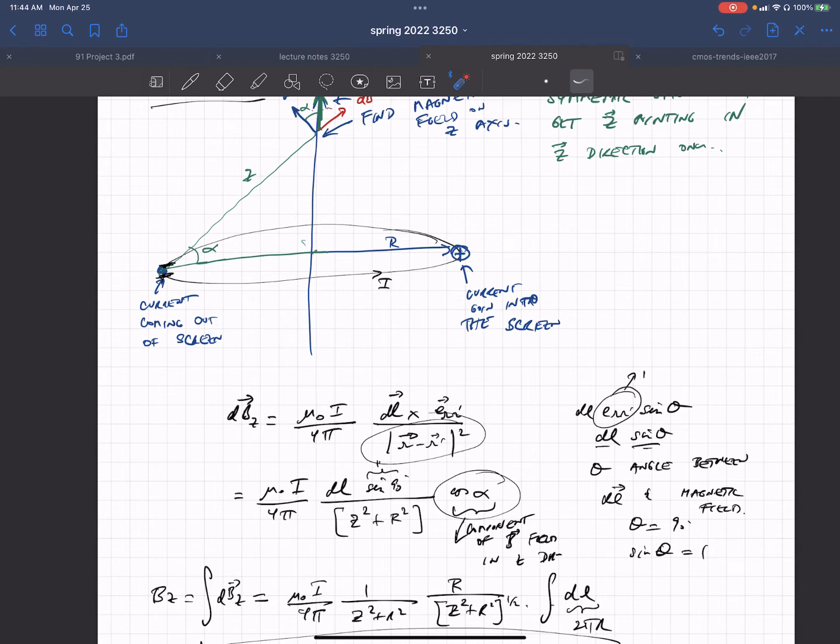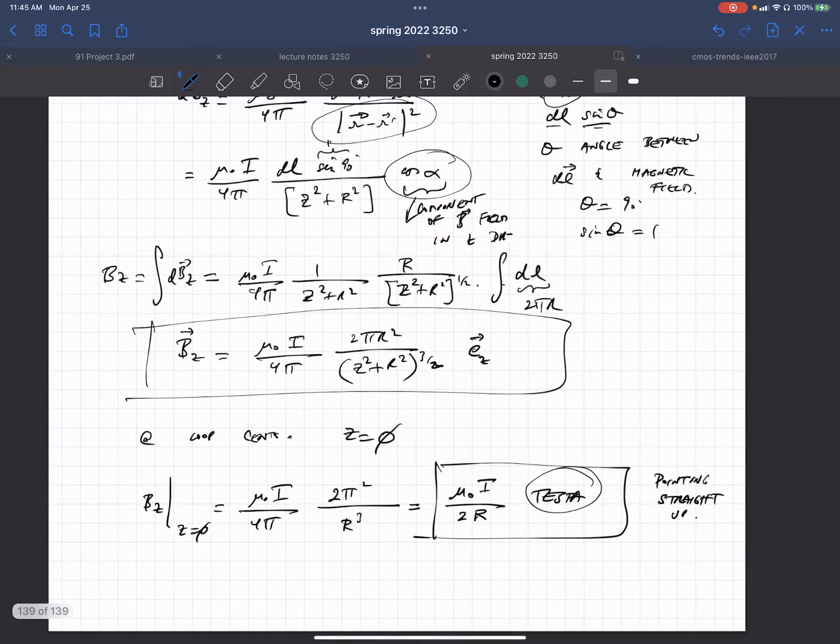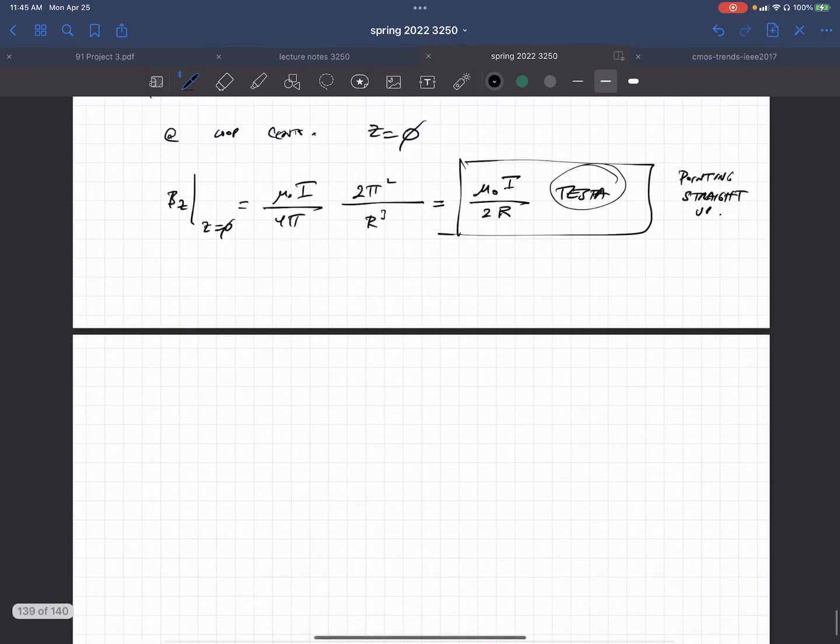If I wrap my right hand in the direction of where the current is flowing, you guys won't be able to see it, but my fingers, everything except my thumb, point in the direction the current flows. And my thumb will give you the direction of whether it's going up or down. So in this case, it's going straight up.